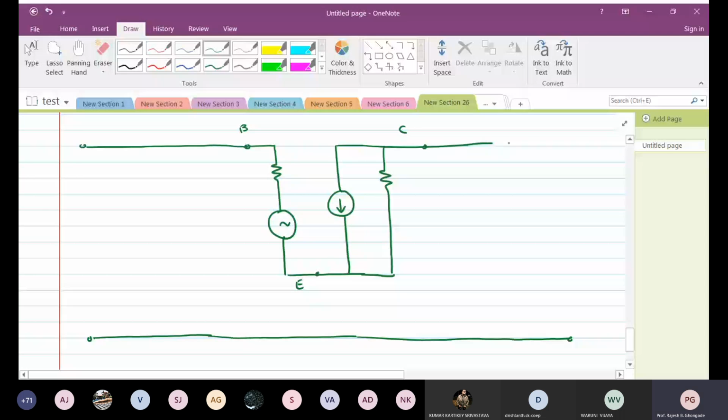So your emitter resistor now appears to be here. Other resistors will be as in the previous diagram, R1, R2.